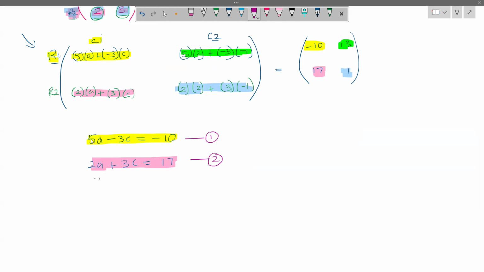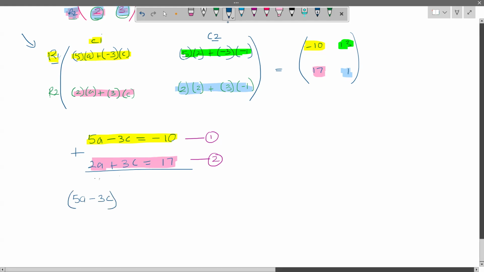to solve for A, what we could do here is add these two equations together. This is what we call, in simultaneous equations, the elimination method. We could eliminate the C's. If I add these two equations together, I'll get 5A minus 3C, that's this part here, plus 2A plus 3C.